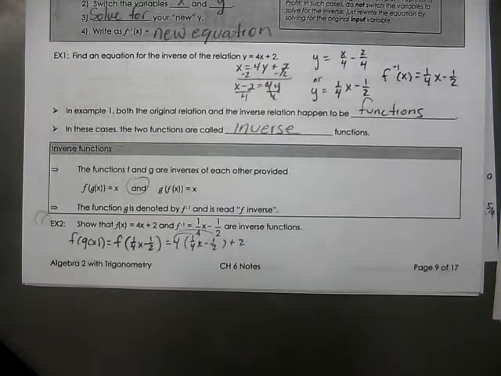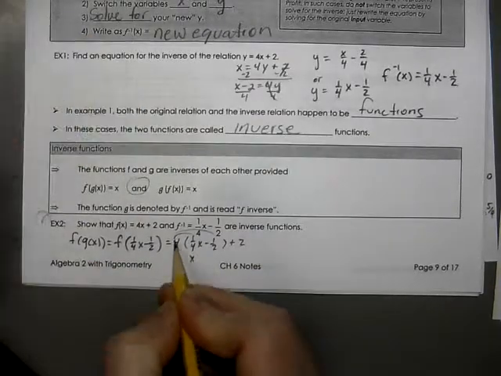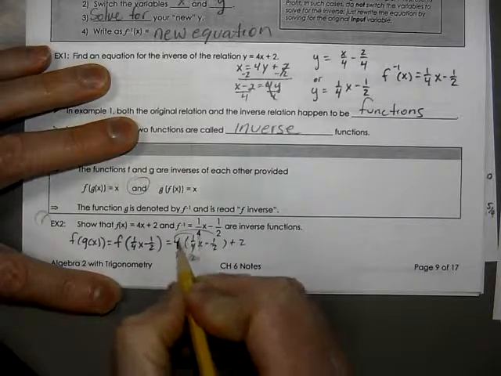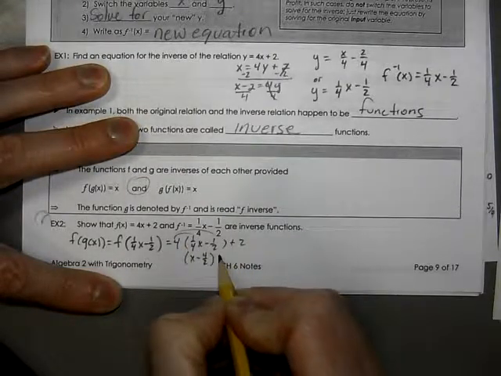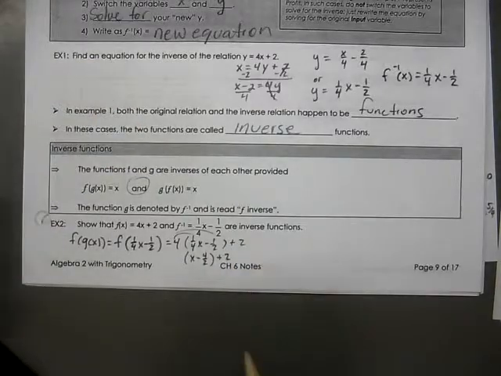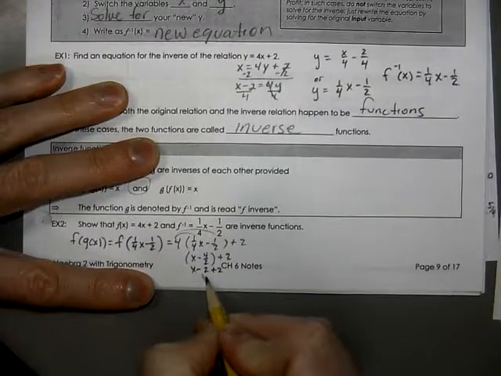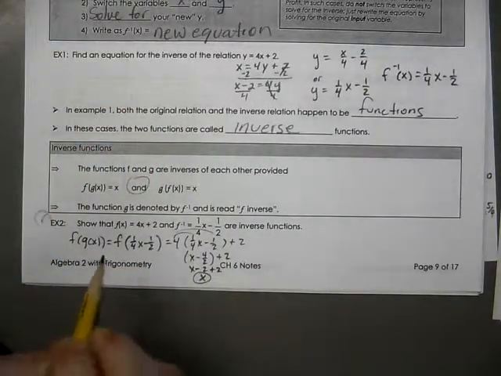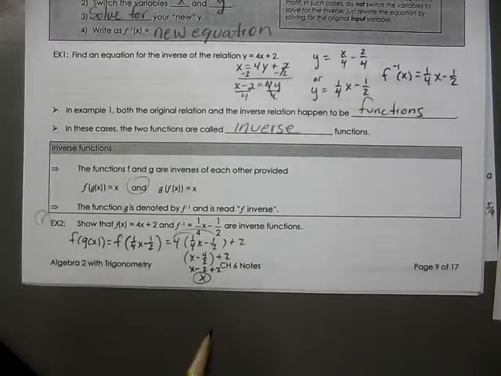We're going to distribute our 4 through, so 4 times a fourth is 1x, and 4 times a half is 4 over 2, plus 2 more. So this is x minus 2 plus 2, so we get actually x. So by plugging the g of x into the f of x, I get a value of x.